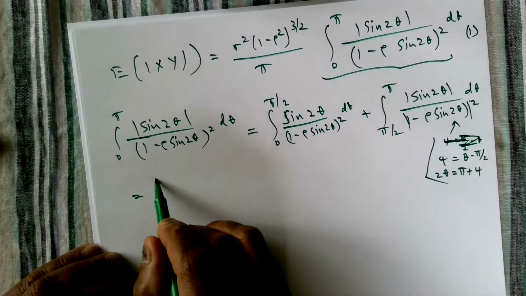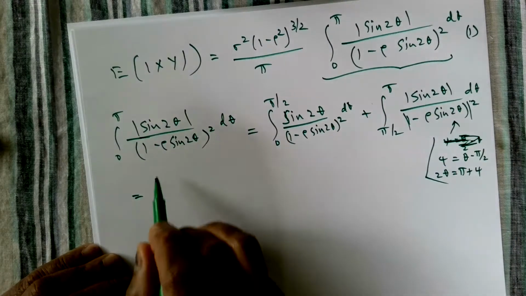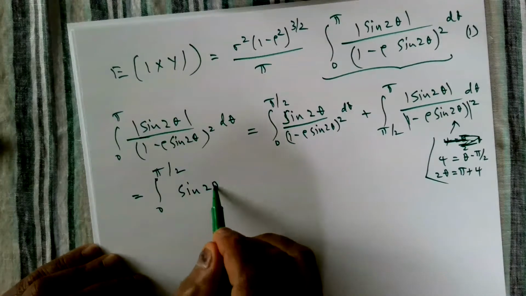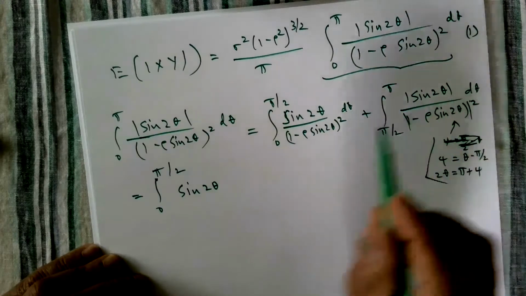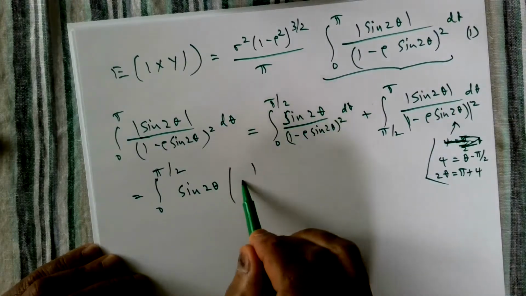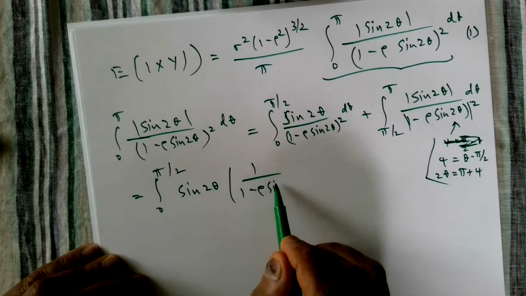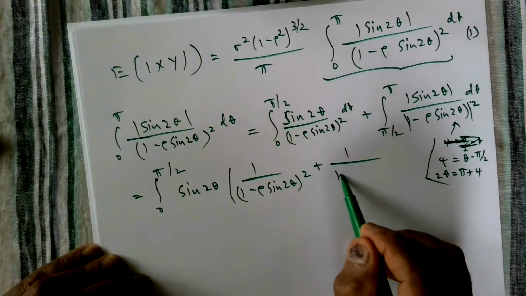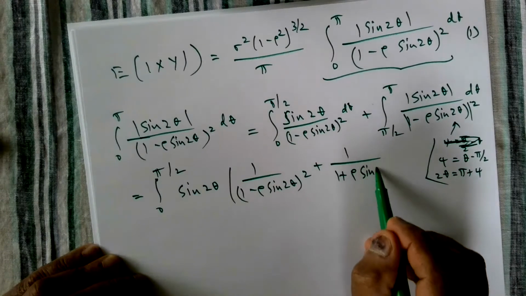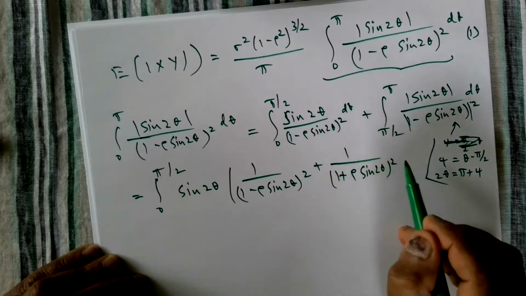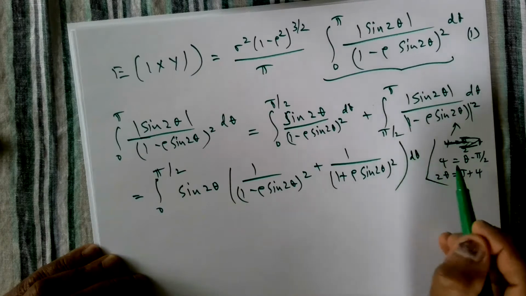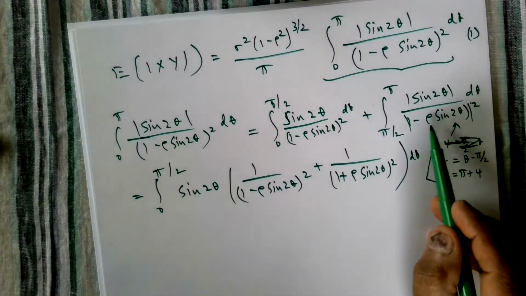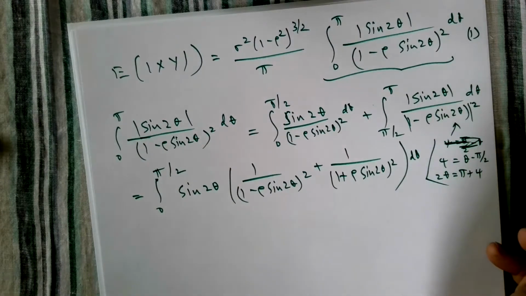So I can combine this as the integral from 0 to pi by 2 of sine 2 theta, because this will remain positive, times 1 over (1 minus rho sine 2 theta) squared plus 1 over (1 plus rho sine 2 theta) squared, by that change of d theta. Here this would become minus sine 2 phi, minus minus plus.